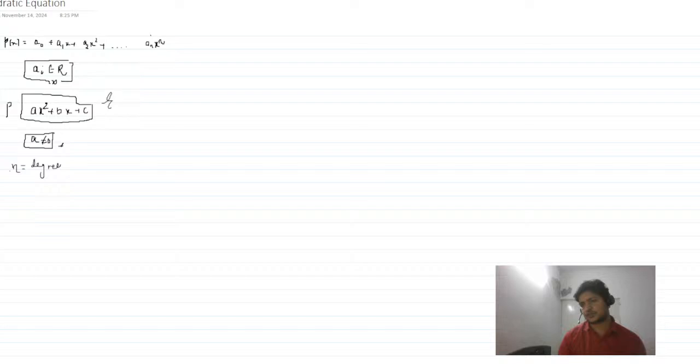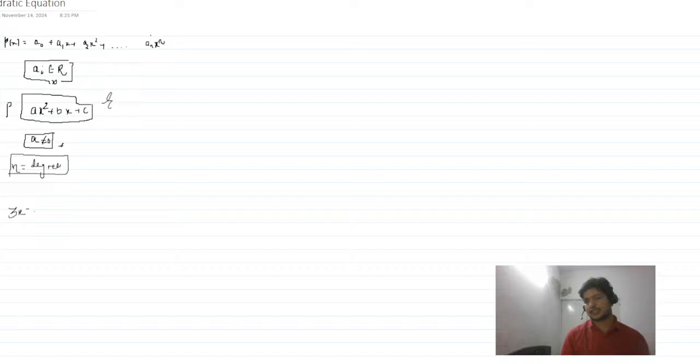Now the first question I'm asking you, just for basic understanding: if I'm writing 3x to the power minus 2, 1 by x, and 4x square, which one of these will be called a polynomial? 4x square can be called a polynomial, sir.